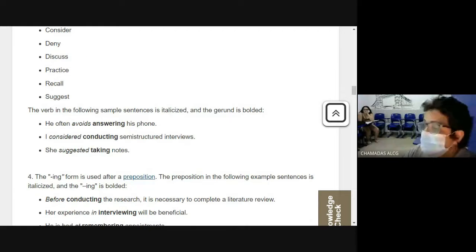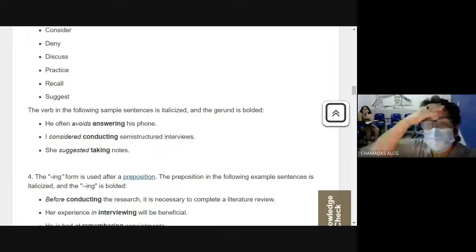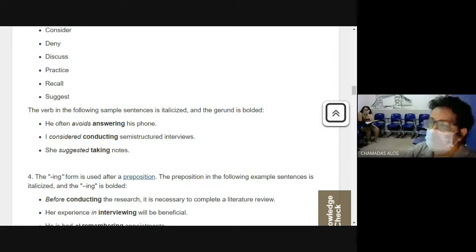Look at the examples when we use a gerund as an object. Look, he often avoids answering his phone. Avoid, if you don't know, guys, means evitar in Portuguese. So he avoids, okay?